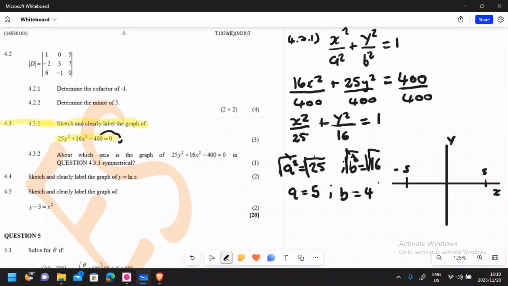Now let's look at b. b, remember, is the y-intercept, so you can put it here. Just make sure the distance between 4 and -4 is less than the distance between 5 and -5, so that it can look appropriate. So we have 4 here, and then this one is -4. Now let me use a red marker so that you can see the graph. All you have to do is connect these intercepts. You see, guys, connect these intercepts.